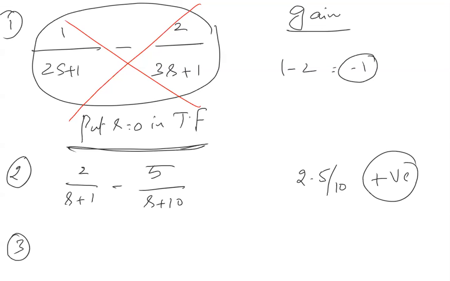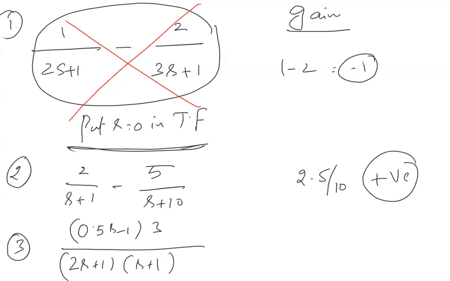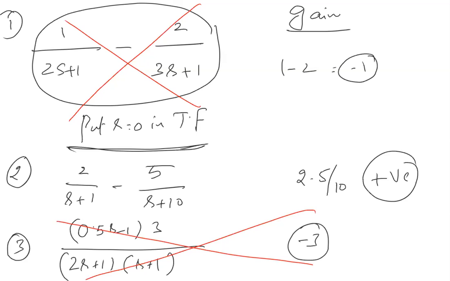Option 3: 0.5s minus 1 into 3 divided by 2s plus 1 into s plus 1. What is the gain? Minus 3. So you can take out this option also.